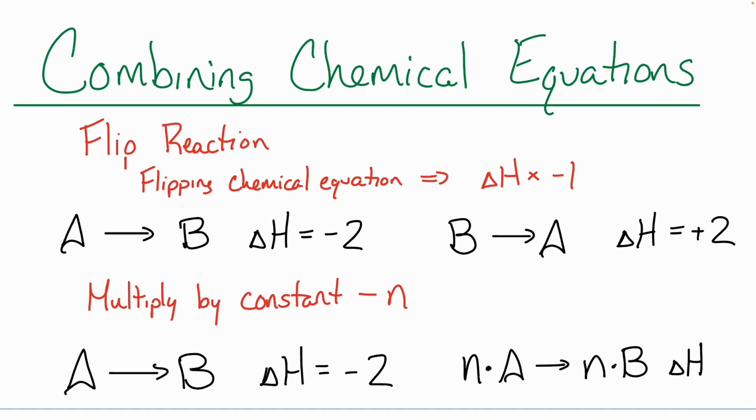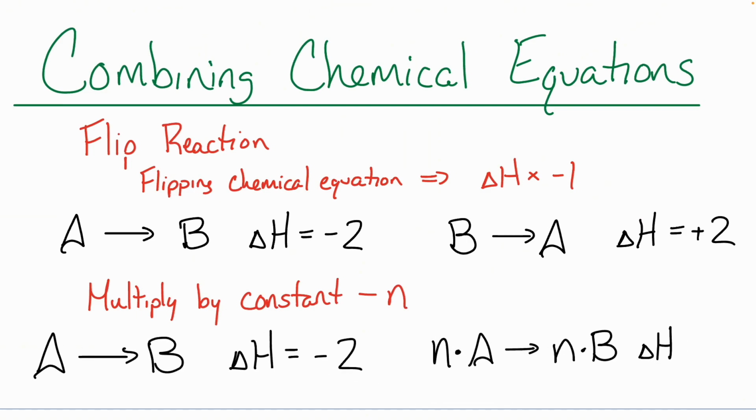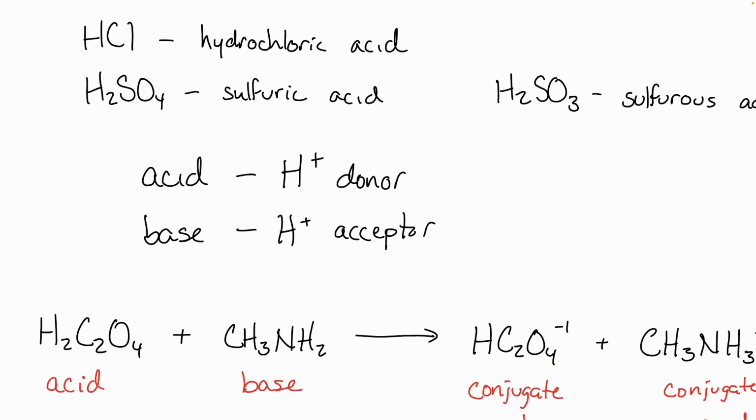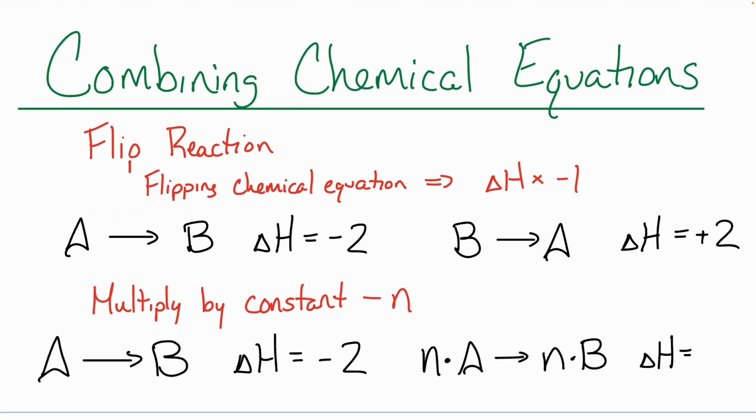And N can be any constant value. All right, in our previous example, it was 2. We doubled it. Maybe you need to triple it. Maybe you need to cut it in half. Okay, but these are these two tricks that we're going to use to combine these chemical equations.